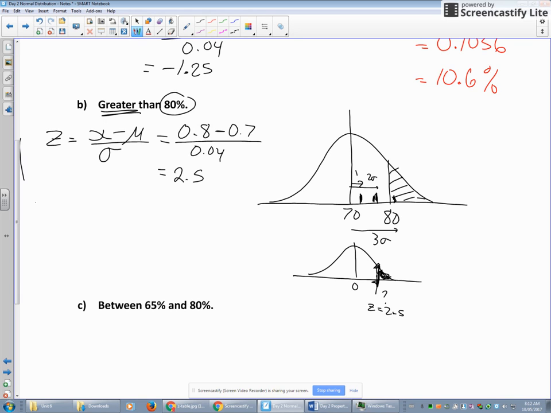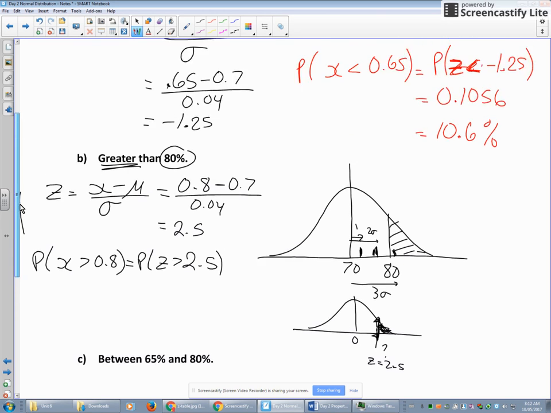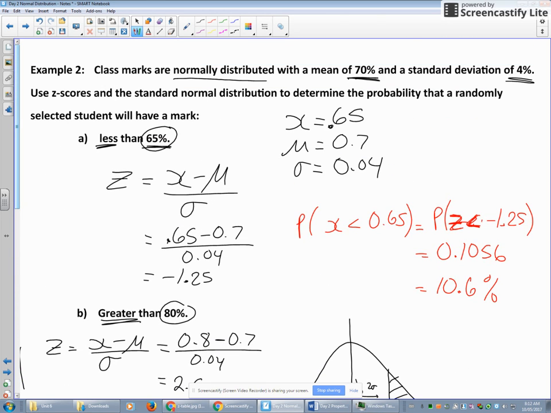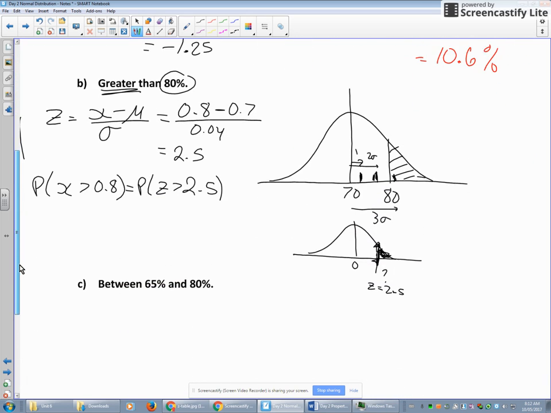So the probability that my percent is greater than 80% is the same as the probability that my z-score is greater than 2.5. And I can compare this because we're told that it's normally distributed. This is what allows us to do this.